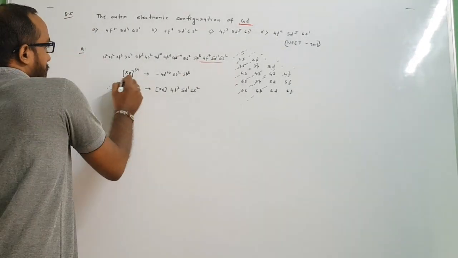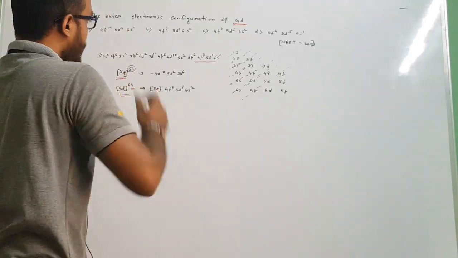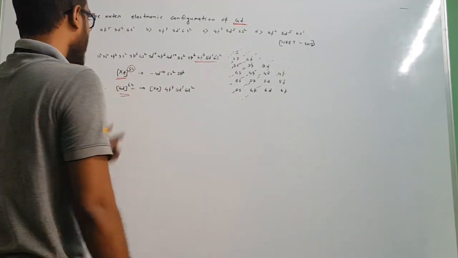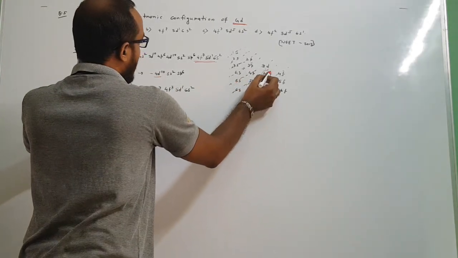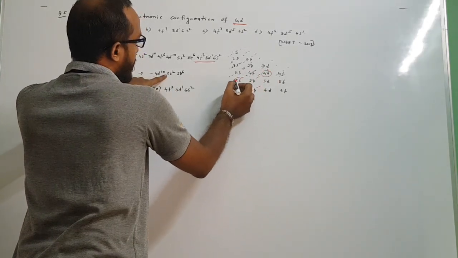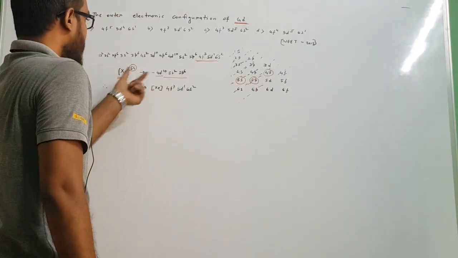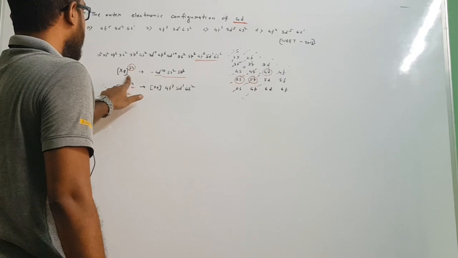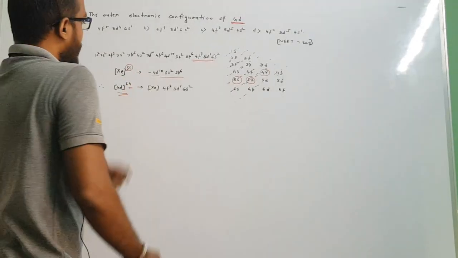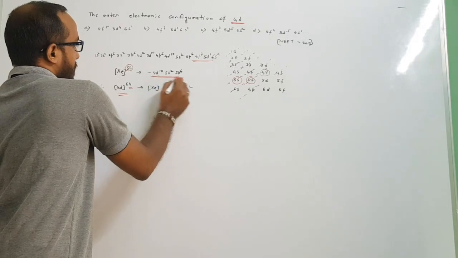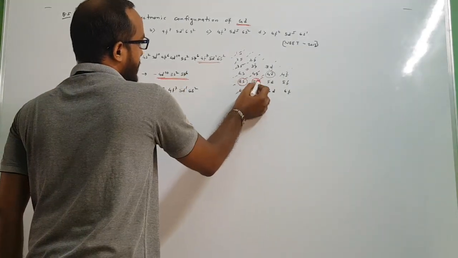See, xenon, which has atomic number 54, has outermost configuration 4d10, 5s2 and 5p6. It is a noble gas, so that's why its electronic configuration is fully filled. So you have to remember where it has ended. It has ended at 5p6.